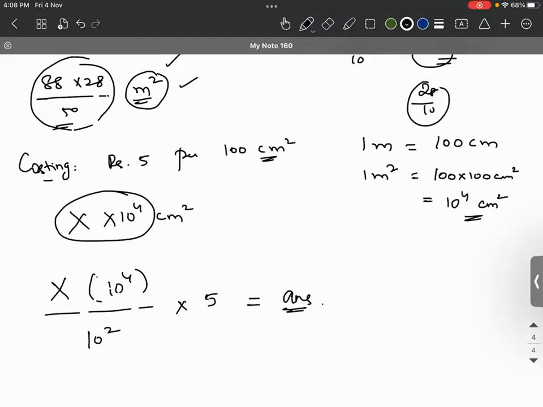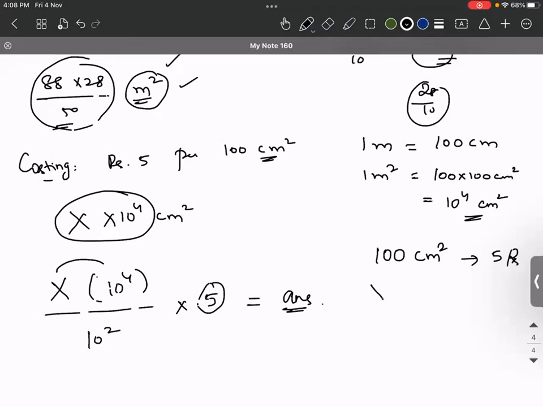So I want an answer, guys. Why did I write x into 10 power 4 by 10 square into 5? Because 100 centimeters costs 5 rupees.